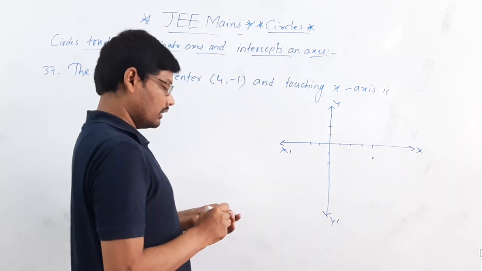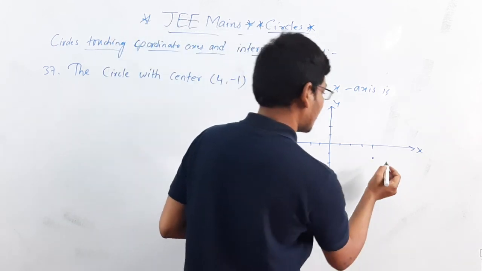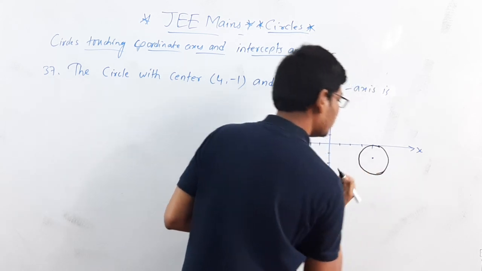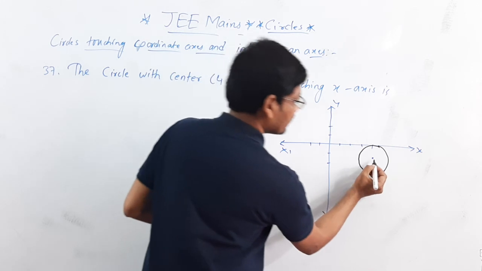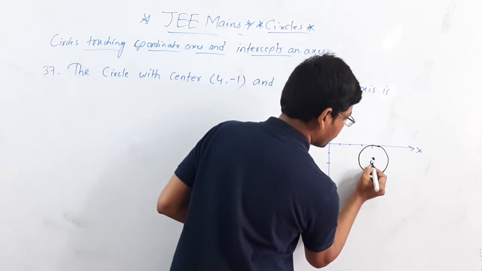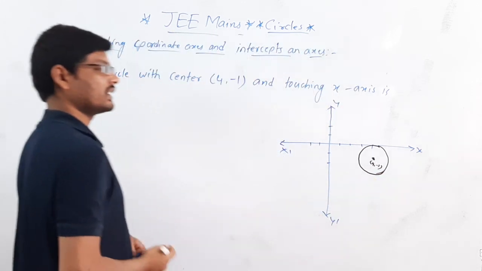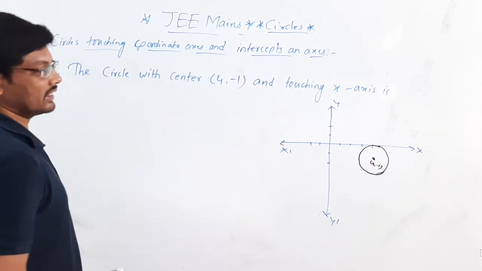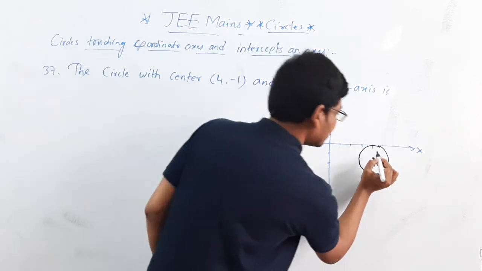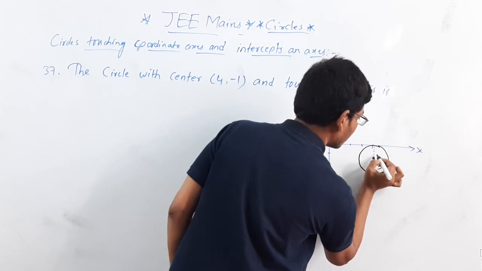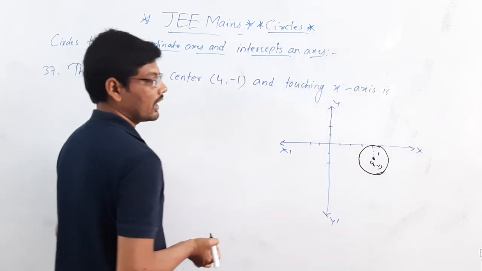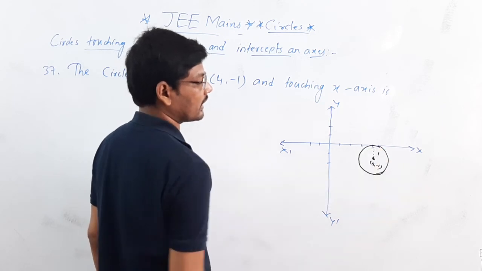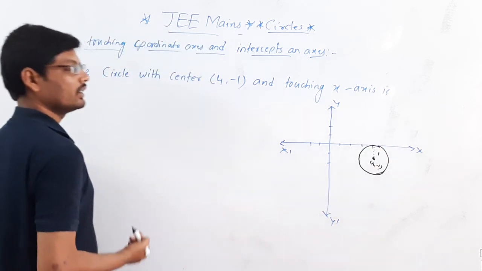The circle touches the x-axis from this center. This center has indirectly a radius equal to 1 unit, so we have the center and radius, and we can find the circle equation.